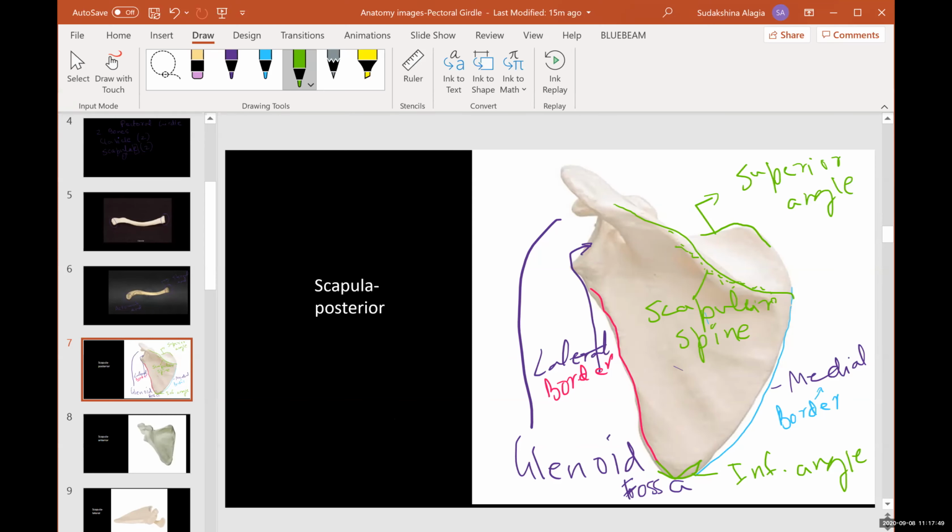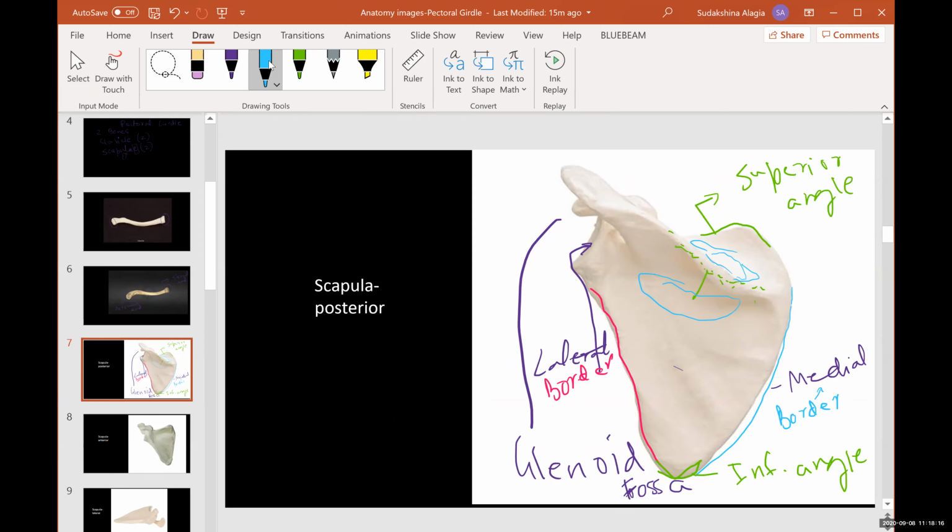Something else. If this is the scapular spine, guess what we call this depression here? And this depression here, right at the base of the spine. A depression is a, what again? Fossa.